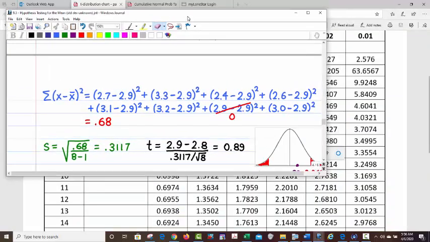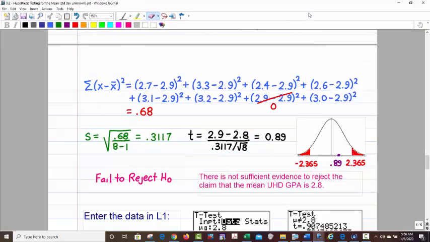And 0.89 clearly fits between those numbers on the graph, so it's clearly in the fail to reject zone. So that means there is not sufficient evidence to reject the claim that the mean GPA is 2.8.